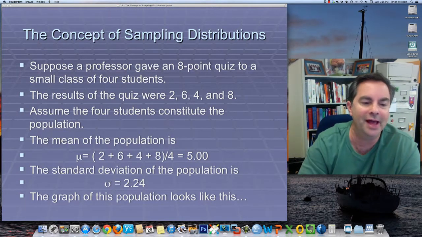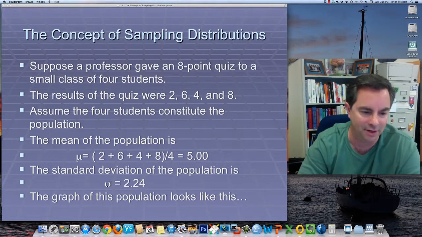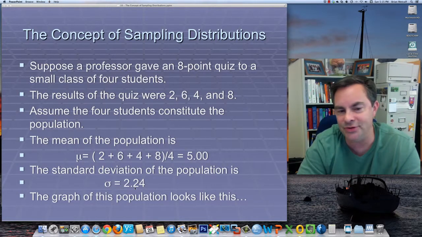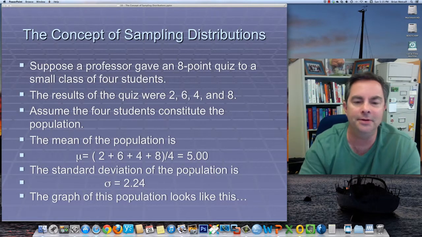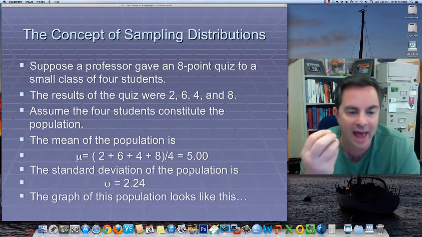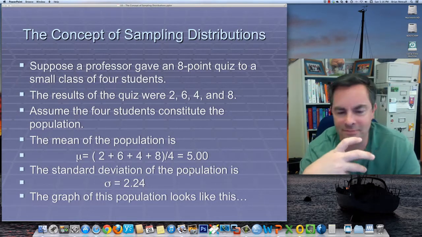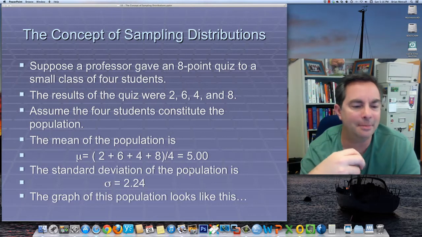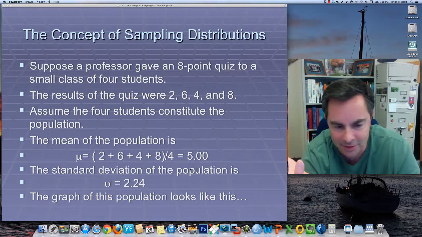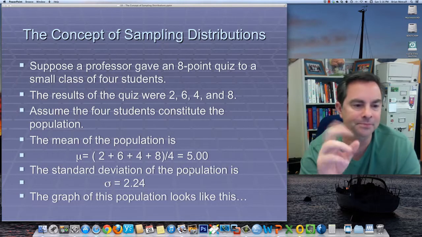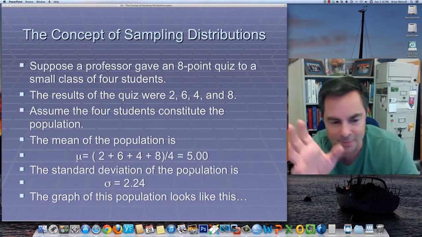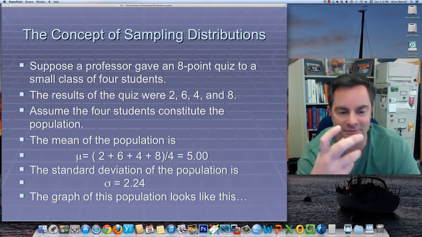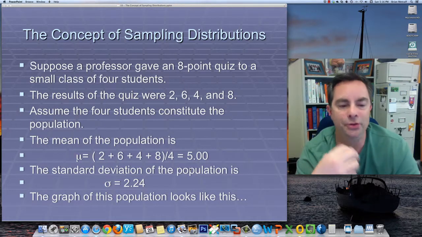I've done that for you, and sigma is equal to 2.24. So the mean is 5, and on average, students differed from 5 by about 2.24. Or in other words, the students differed from each other by approximately a mean of 2.24.